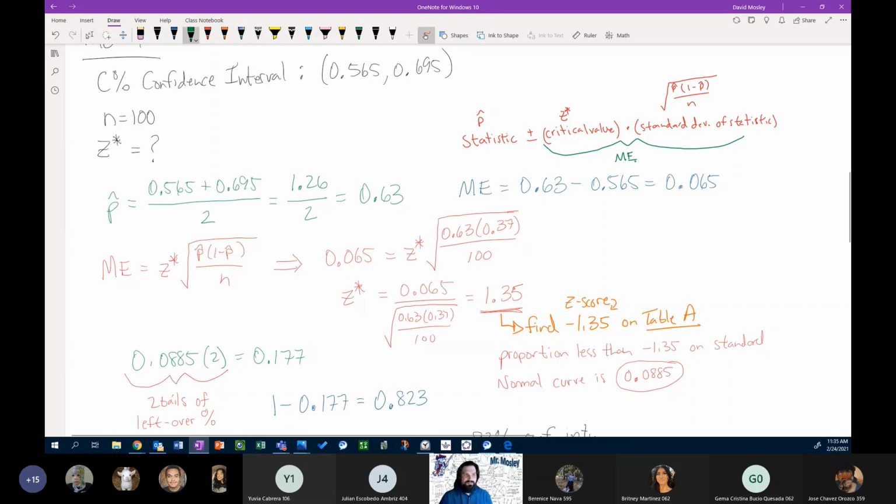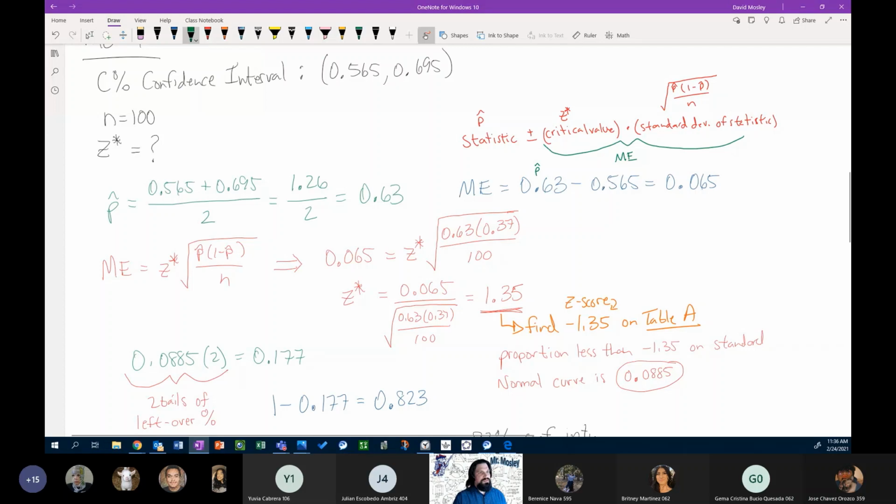So essentially I can rearrange that. Sorry, I'm finding the margin of error. Yes, margin of error, because I know that when I add or subtract my margin of error from p hat, I get 0.565.